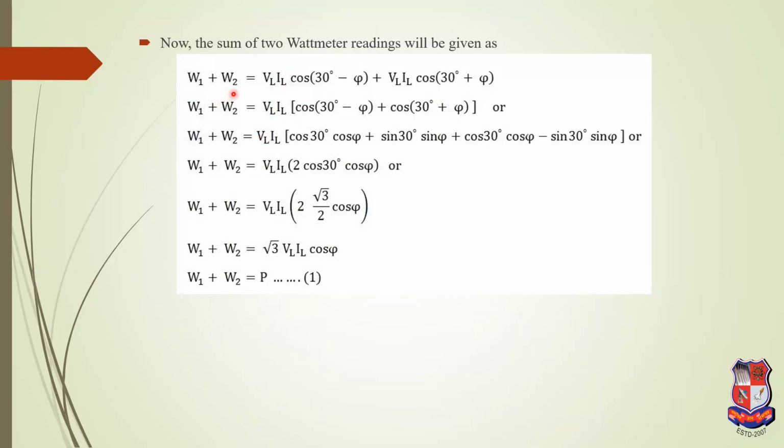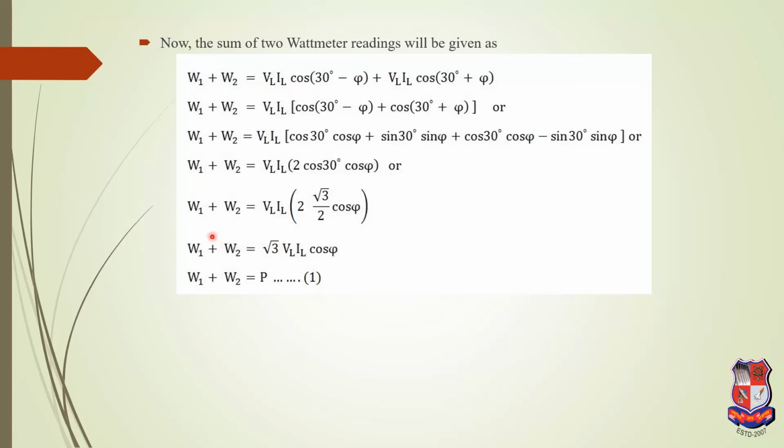Take the sum of W1 and W2. Now VL and IL are common terms, therefore we take them out of the bracket, and with simple mathematical simplification we get 2 cos 30 cos phi. Now cos 30 is equal to root 3 by 2. The 2 cancels out, therefore W1 plus W2 is equal to root 3 VL IL cos phi.